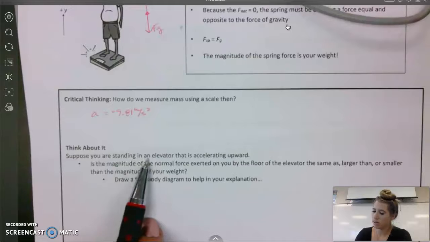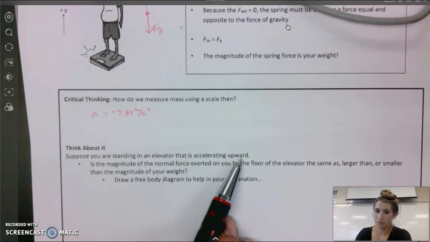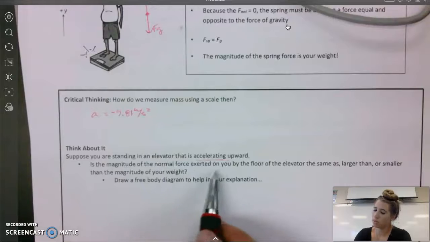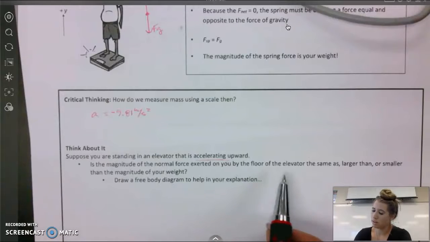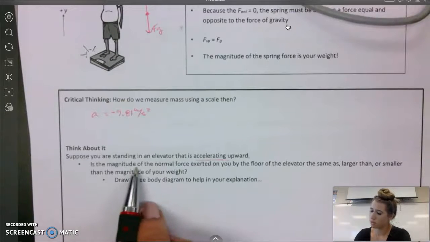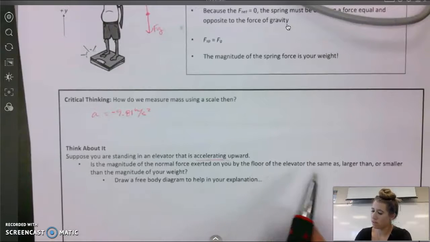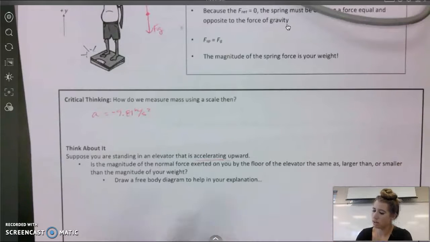Suppose you're standing in an elevator that is accelerating upwards, okay? And notice, we said acceleration, so that means that there's a net force, that they're not equal. It's not in equilibrium. Is the magnitude of the normal force exerted on you by the floor of the elevator the same, larger than, or smaller than the magnitude of your weight?